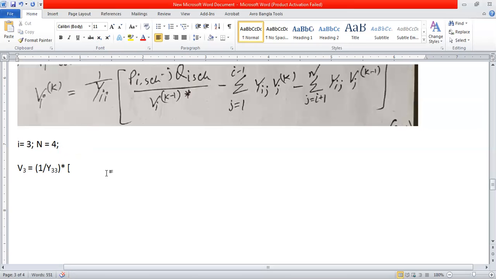So the equation should be P3 minus jQ3 divided by V3 conjugate. This is the equation.